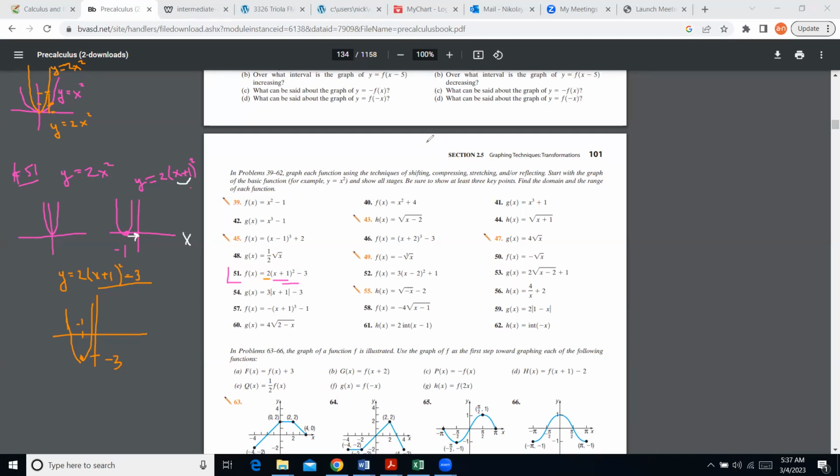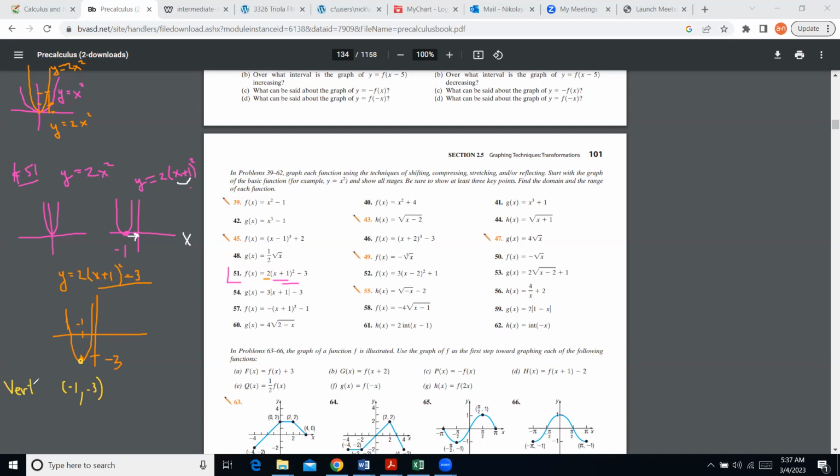I just graphed that function, and the key part is that the lowest point on this parabola will be the point with x coordinate -1 and y coordinate -3, which is called the vertex.